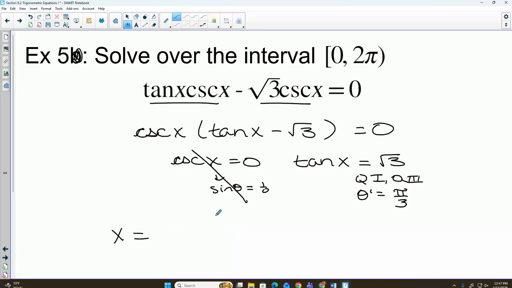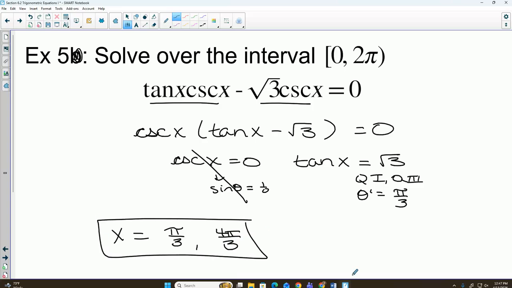So pi over 3 in quadrant 1 is pi over 3. And in quadrant 3, 4 pi over 3. Any questions at all, guys?